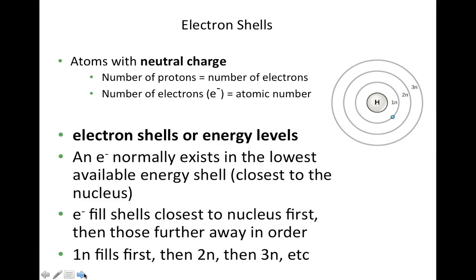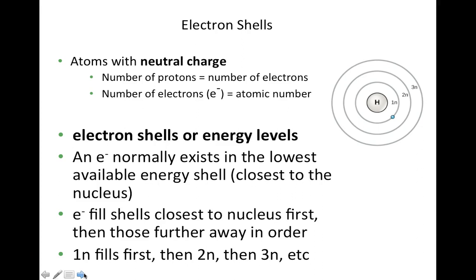Not all electrons are essentially equal in energy. They occupy different energy levels. And ideally, electrons normally exist at the lowest available energy level, also called a shell. If we take a look at the illustration on the right-hand side, it's an example of an atom of hydrogen.